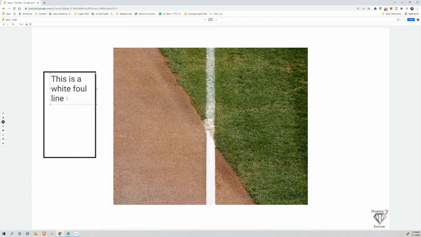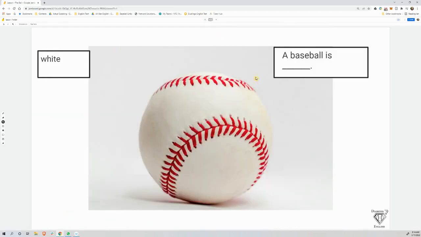Foul ball. Line. Also white. White line. This is a white baseball.